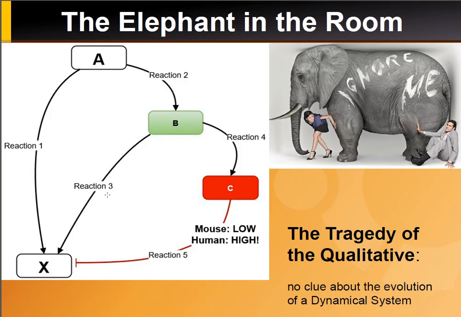Our experiments in mice would show us that enhancing reaction 2, which produces B, which in turn produces X, would be a good thing because the side branch that leads to C and then inhibition of X is not significant in mice. So our experiment in mice concludes that's one way to increase the production of X, our goal.